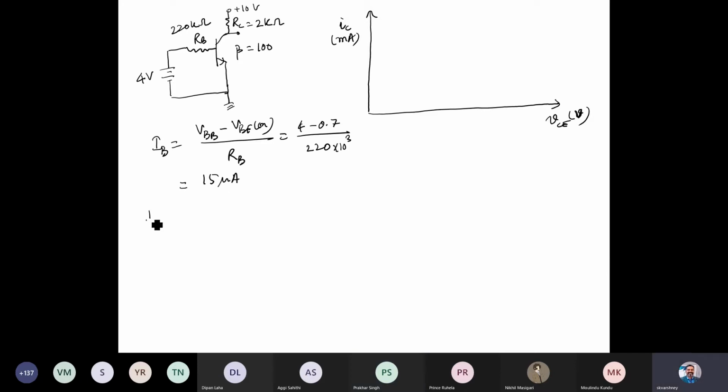And then IC is beta IB, which is 1.5 milliampere. VCE is 10 minus, so 7 volt.